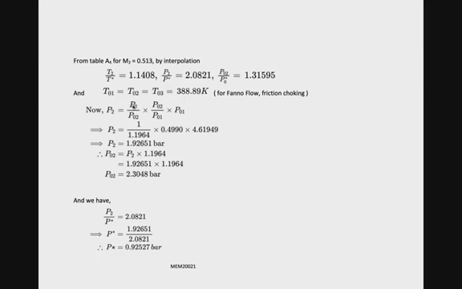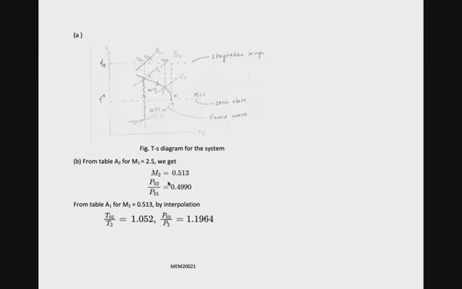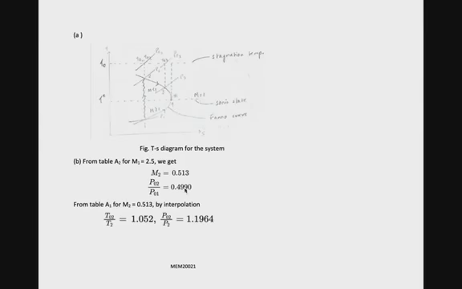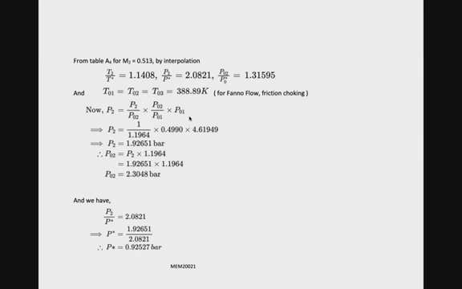Now by cross multiplication we get P2 by P naught. Since we already have these values, P2 by stagnation pressure at 2 is equal to this, which we got from this, and multiplied by the stagnation pressure at point 1, we get P2 equal to 1.92651 bar.